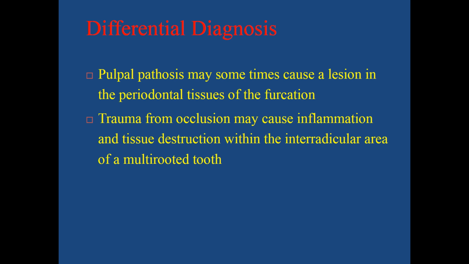So the pulp has to be treated first. Endodontic treatment must be done first and then the periodontal treatment. Another differential diagnosis is trauma from occlusion. Trauma from occlusion may cause tissue destruction in the furcation area or within the interradicular bone of multi-rooted teeth. So we have to treat the trauma from occlusion before deciding to treat the furcation area.